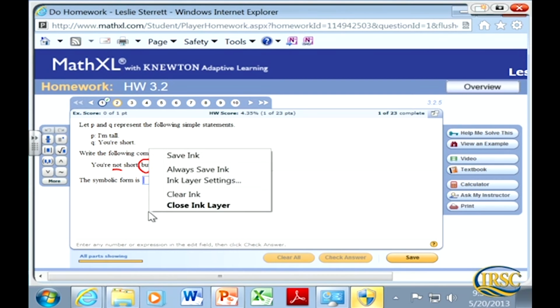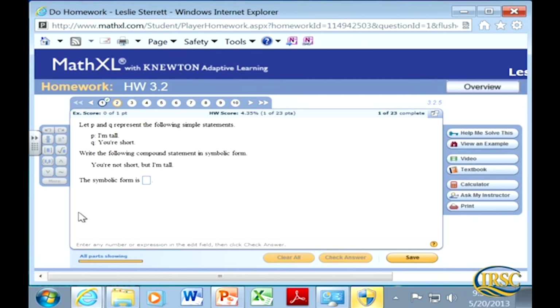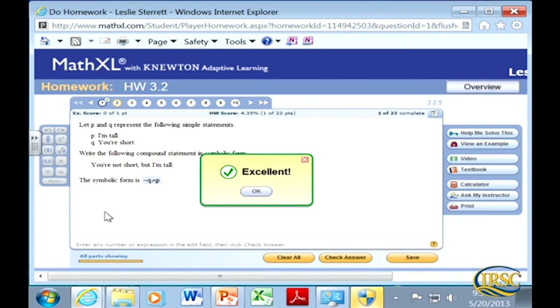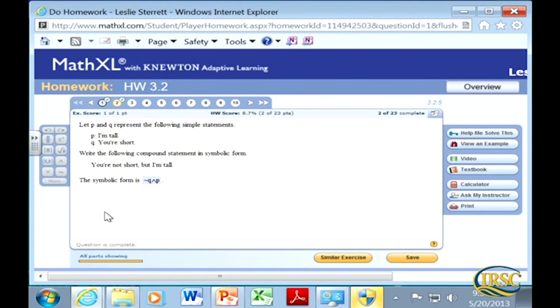The negation of Q, good. So not Q, that's how we'd say it. So not Q, and then we just mentioned that but stands for and, then I'm tall is P. Excellent. There's going to be lots of different examples where you need to translate these statements. Let me get to some of the challenging ones.